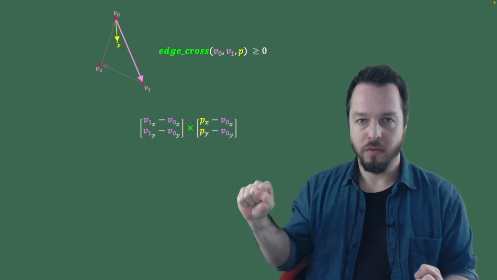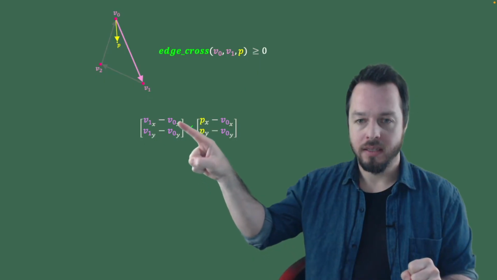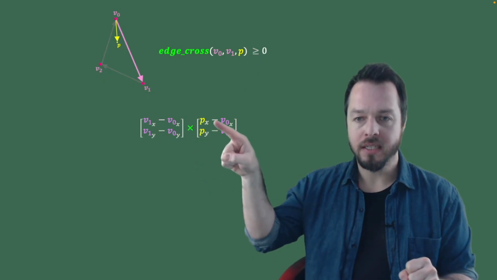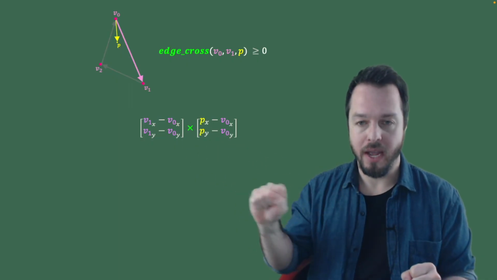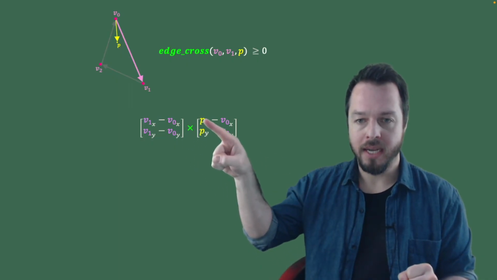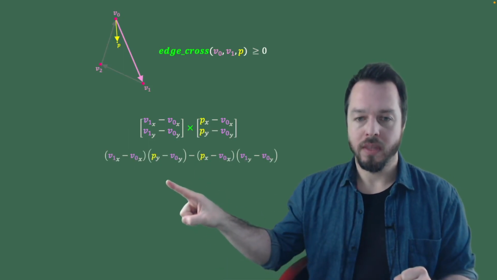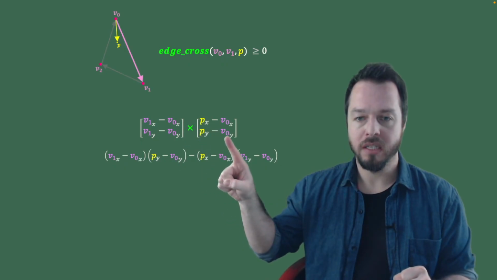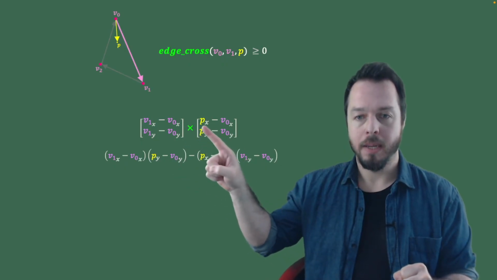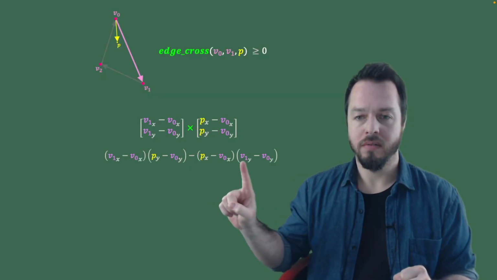We also saw that if we break it into this fake 2D cross product, it is this one times this minus this one times this. It's almost like the determinant of this kind of expanded matrix that we have. So this times this minus this times that will give us this multiplication right here: V1x minus V0x times Py minus V0y, minus Px minus V0x times V1y minus V0y.